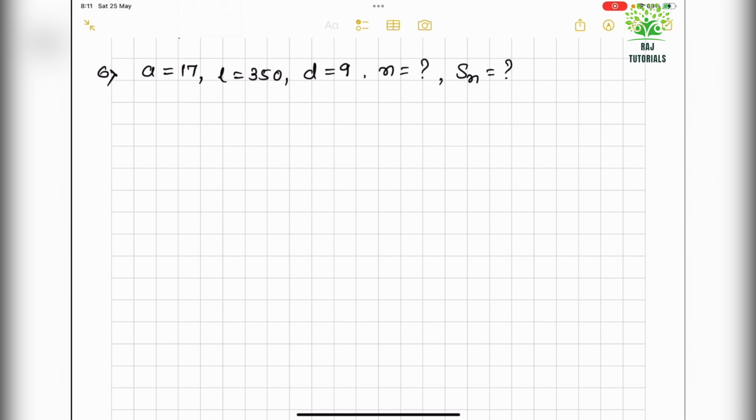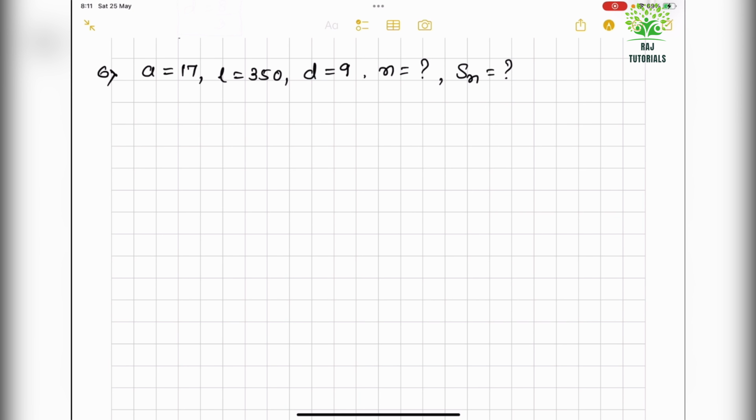Now sum 6, I am given the first term and the last term are 17 and 350 respectively, and the common difference is 9. Find the number of terms and sum. So here A equal to 17, L equal to 350, D is given as 9.